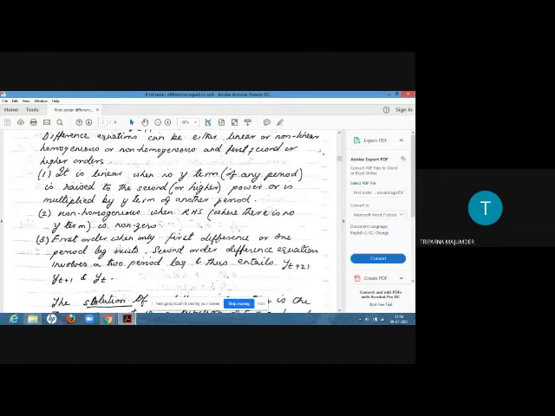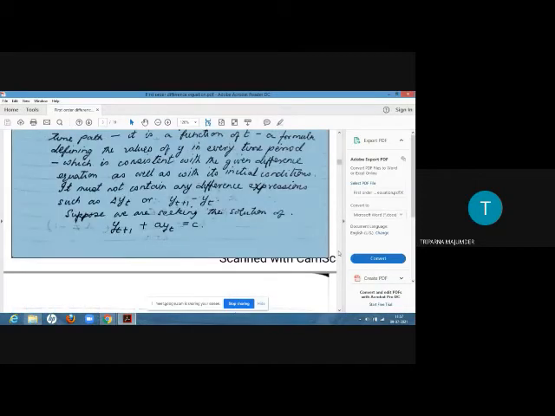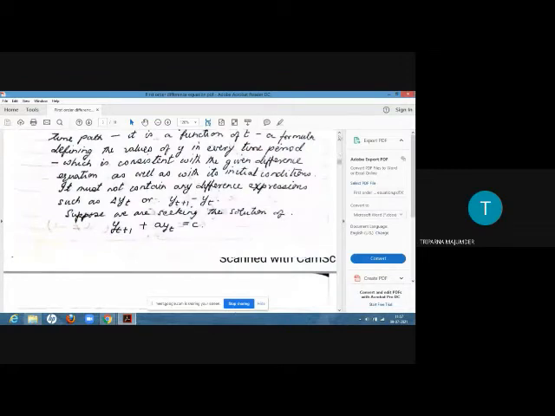Now, coming to the order of a difference equation. A first order difference equation exists when only the first difference, or one period lag, exists. A second order difference equation involves a two period lag and thus entails y_{t+2}, y_{t+1} and y_t. In the previous examples, there was just one period lag.